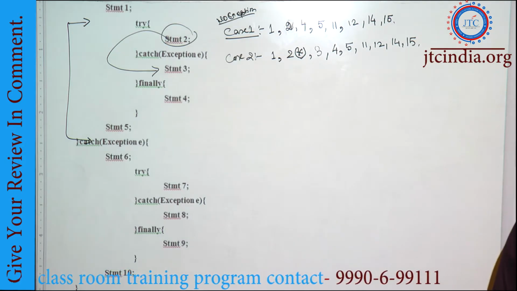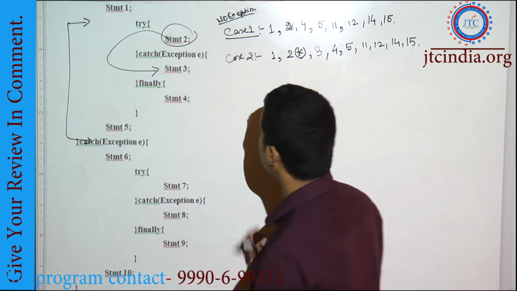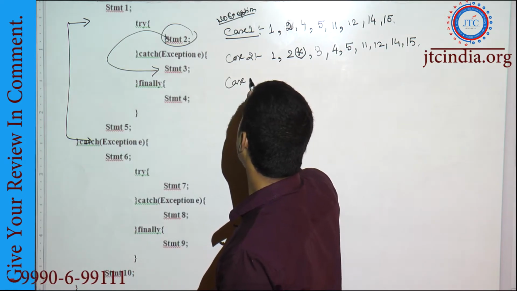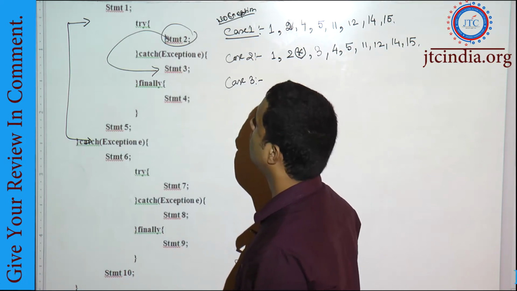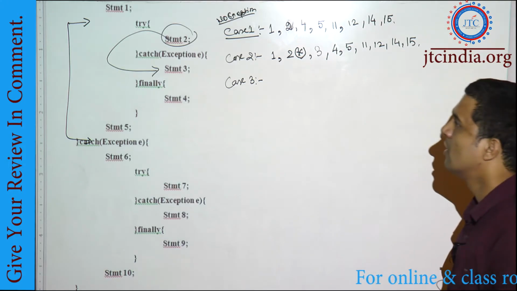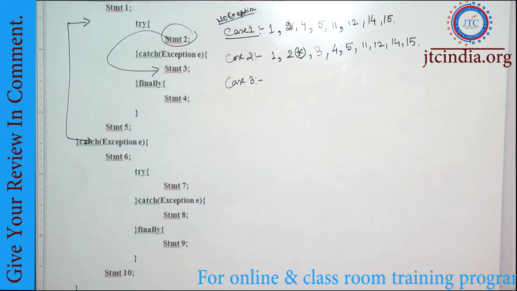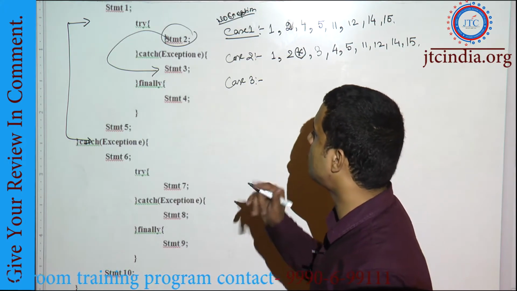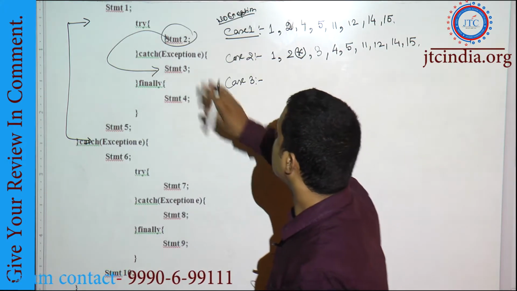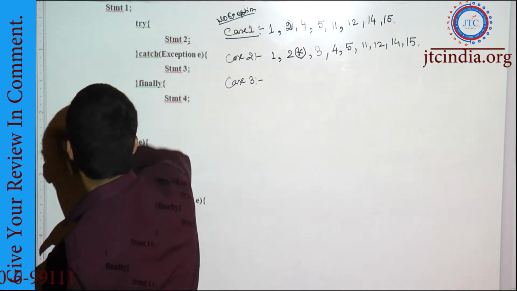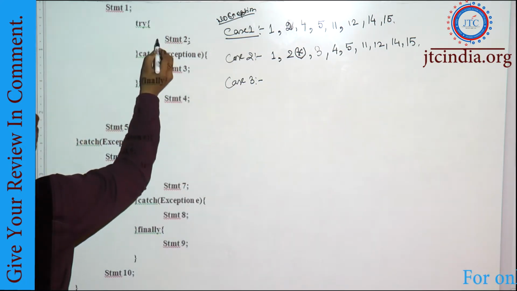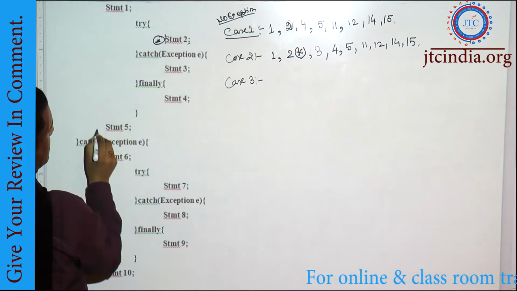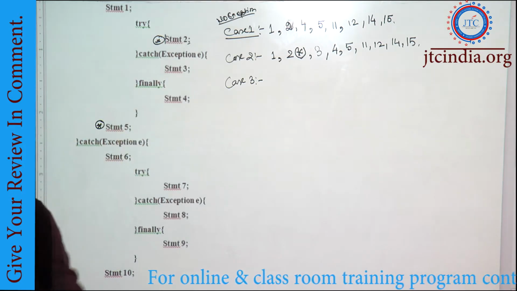Again, in the next case, what is that next case? Case 3, what I am writing is, let us assume that the exception occurred at two places. One is statement 2 and the second one is statement 5.